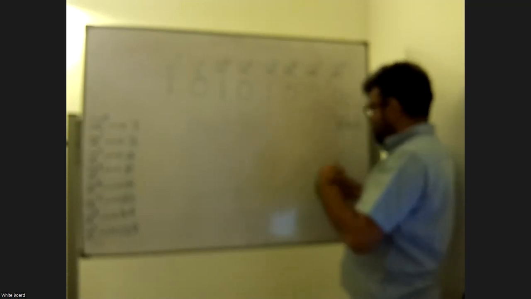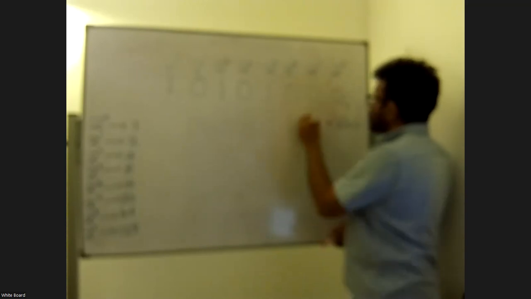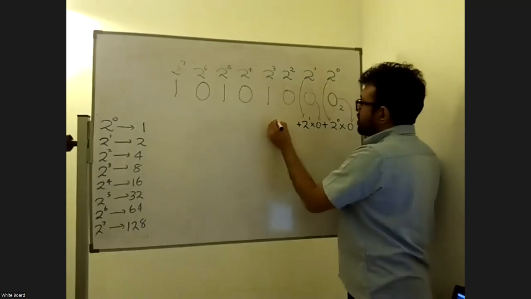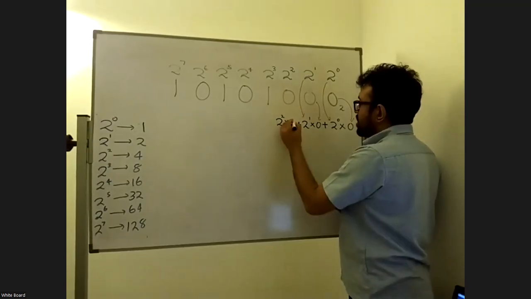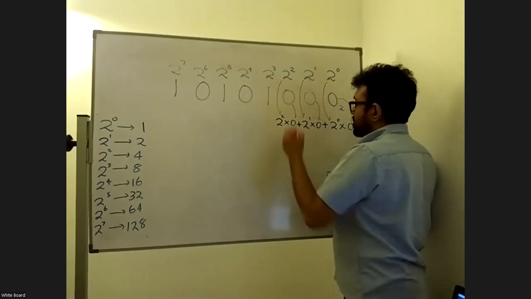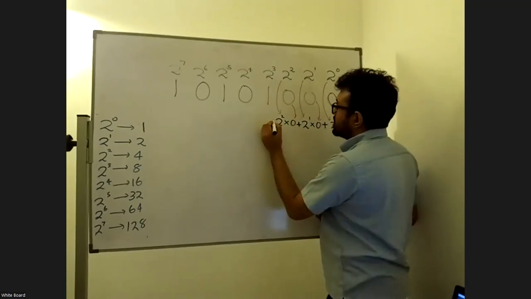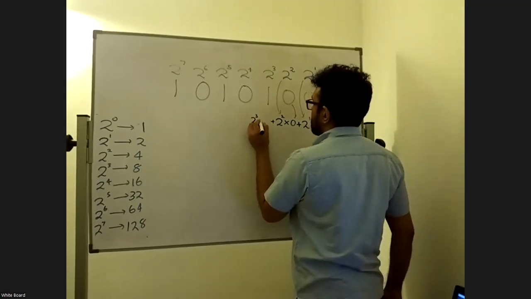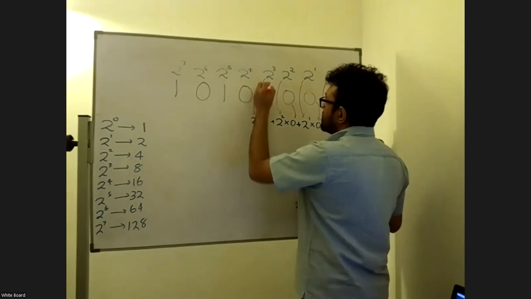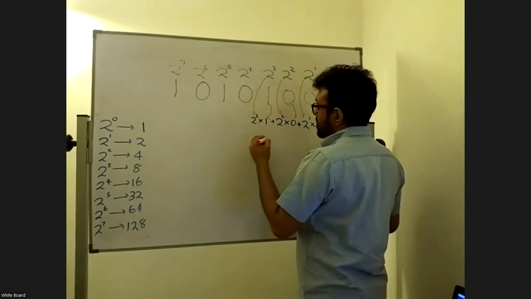Then you have to add it to 2 to the power 1 multiplied by 0 again. This 2 to the power 1 is taken from here. This 0 is taken from here. Again, plus 2 to the power 2 multiplied by 0. Again, you take this 0 from here, this from here. Again, plus 2 to the power 3 by 1. Then we have this 2 to the power 3 here, 1 here.